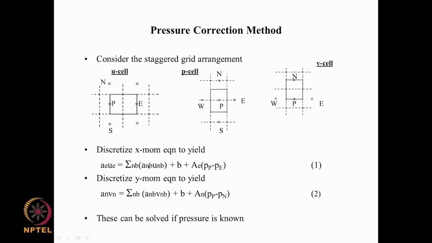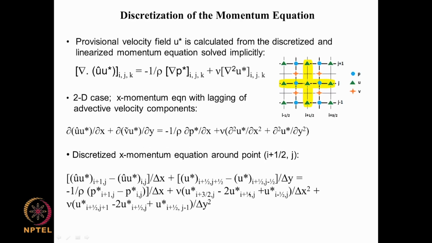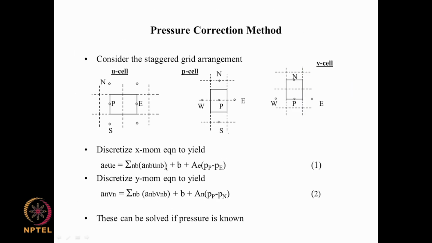Now, this discretization involves two separate kinds of discretizations, where you have these terms here which are coming from the advection term and the diffusion term. So, the advection term involves dou u by dou x and dou u by dou y, so that brings in the neighboring points, and similarly the dou square u by dou x square, dou square u by dou y square terms also bring in the neighboring points and neighboring velocity points. These are denoted as NB, meaning neighboring points.